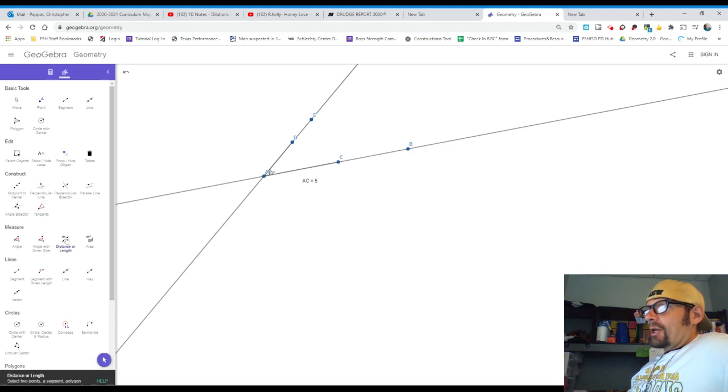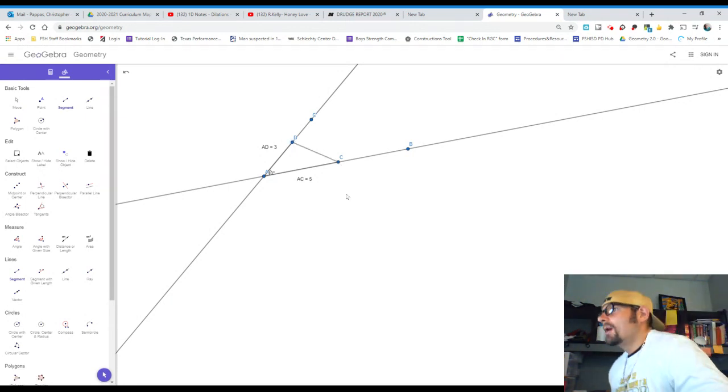And we'll measure the length from A to D. That's a length of 3. All right, so here we have a side length of 5, a side length of 3, and a 40-degree angle in the middle. And we can connect D and C to make a little triangle right there. All right, so that's step 1.